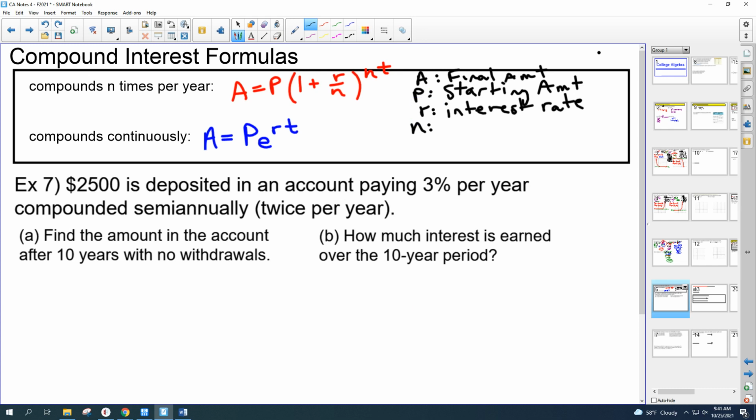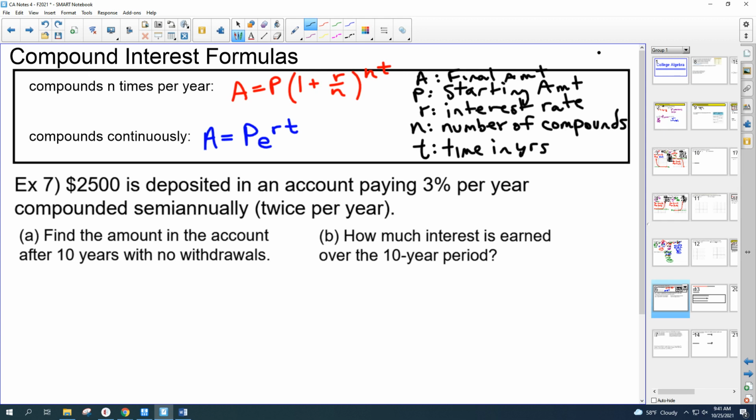N is the number of compounds. It's going to tell you it compounds twice a year, 4 times a year, 6 times a year, whatever that number is, however many times they calculate the interest. That's what N is. And T is time in years. These problems are going to look challenging, but it doesn't have to be difficult if you pay attention and plug stuff in where it needs to go.